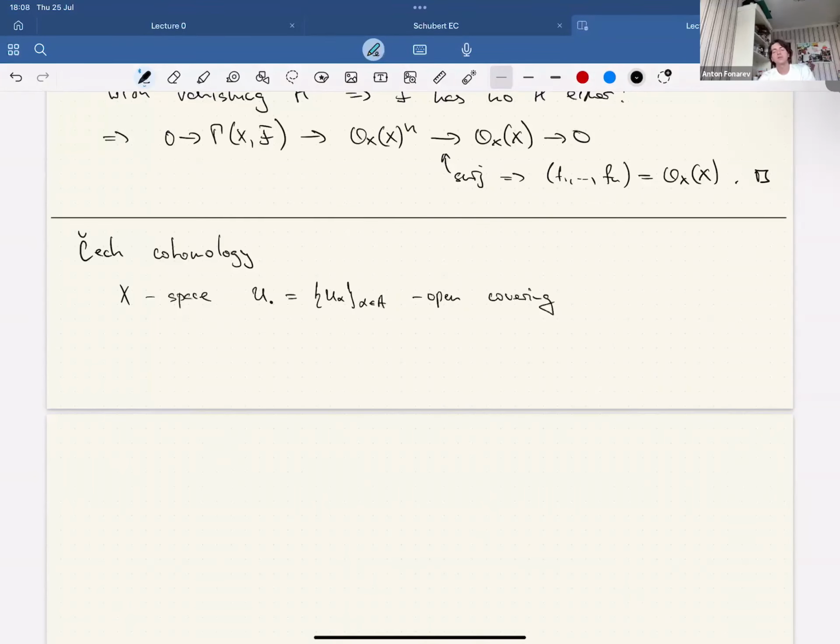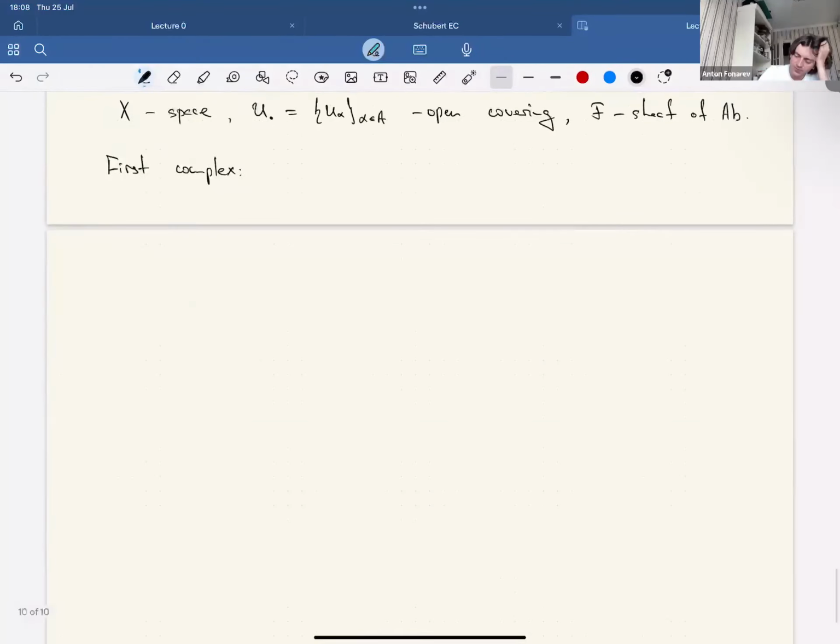And here is where some interesting things begin, because there are many flavors of Čech complexes. So you put F to be a sheaf of abelian groups. So here's the first complex, the Čech complex that we construct, and I alluded to it last time.